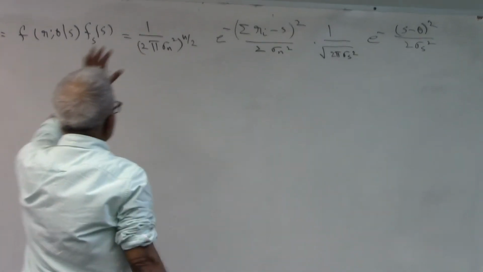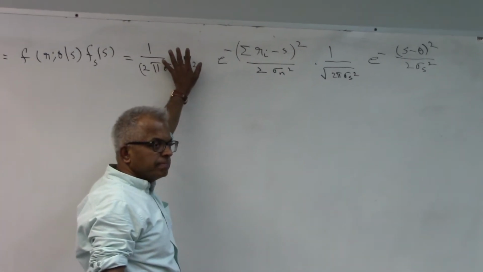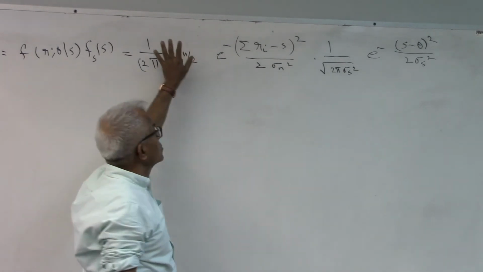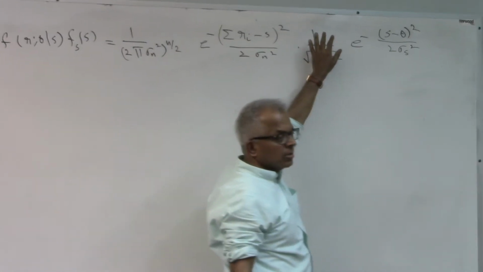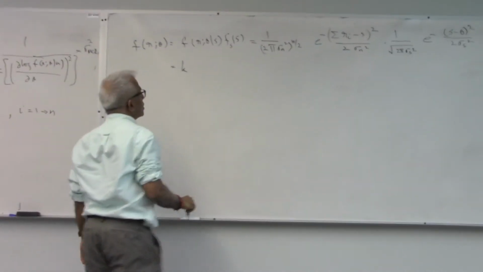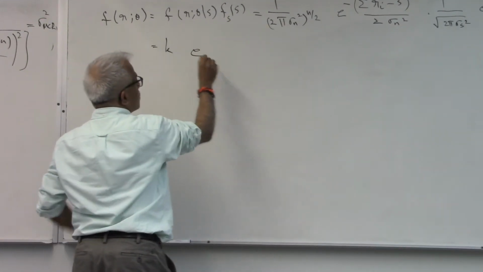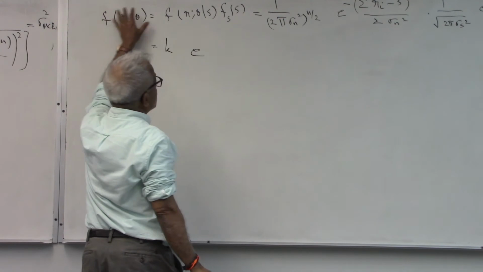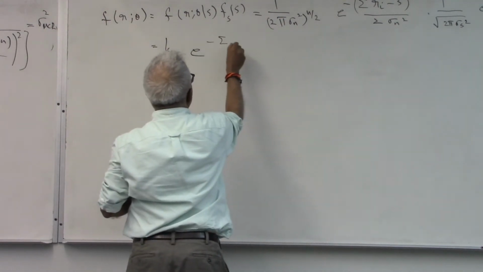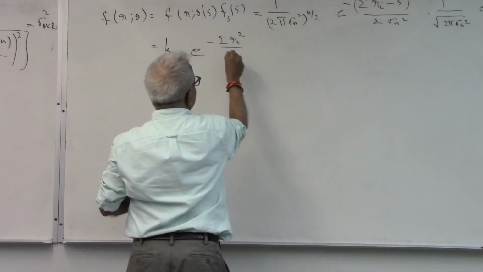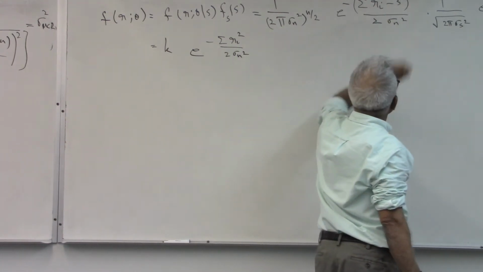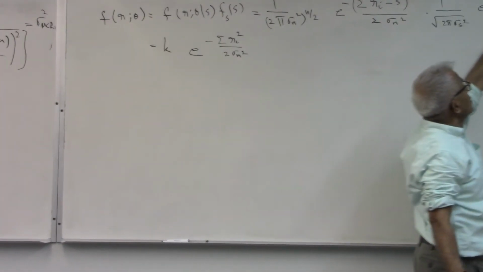Now this is a constant without theta. Remember, later we are going to take the derivative and integrate with respect to theta. So I'm just going to pull the constants together and call it K. Then I'm going to collect all the terms, because I need to integrate out S. So this is e raised to minus Ri squared over 2 sigma n squared. If you expand here, you have 3 terms.